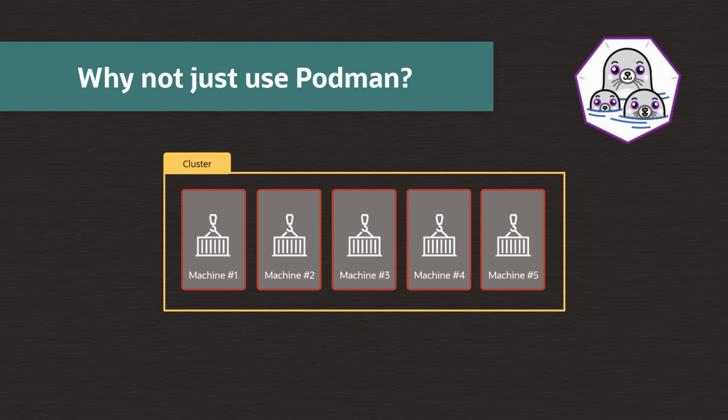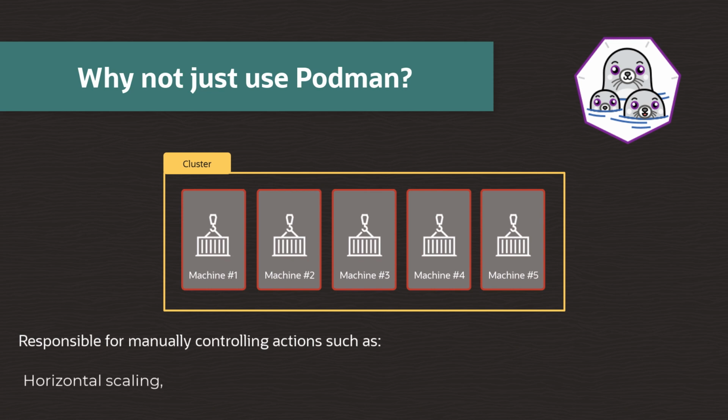Something it achieves by acting as an interface between the underlying cluster machines and the application or applications that you've deployed onto them, thereby freeing the DevOps team from having to manually monitor and react to any infrastructure-related issues that may arise. This includes events such as horizontal scaling, so bringing new nodes online as the load fluctuates or during the rollout of application updates, load balancing, ensuring that the load is distributed across the cluster evenly, self-healing, restarting an application as, when or if needed.